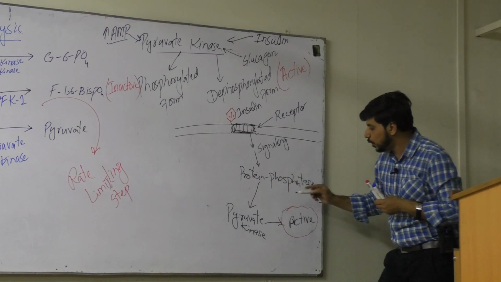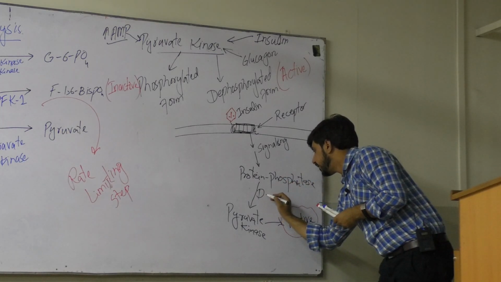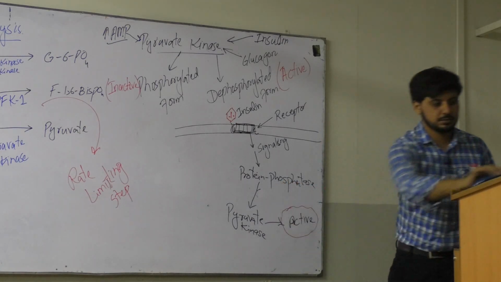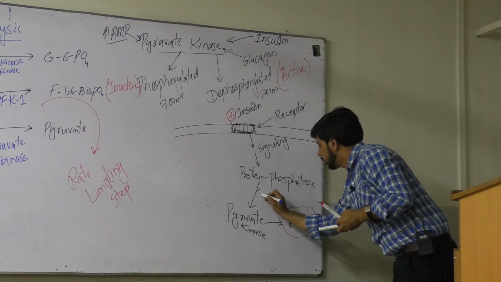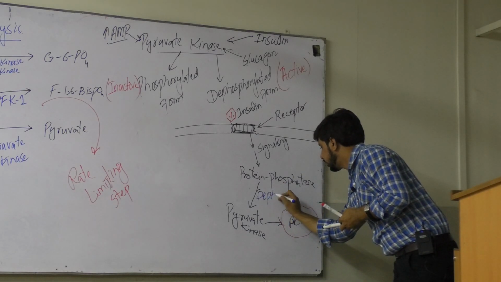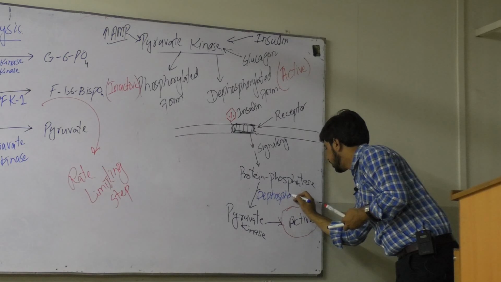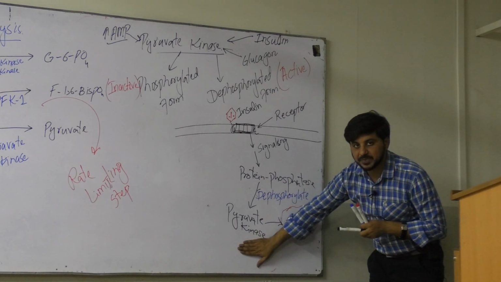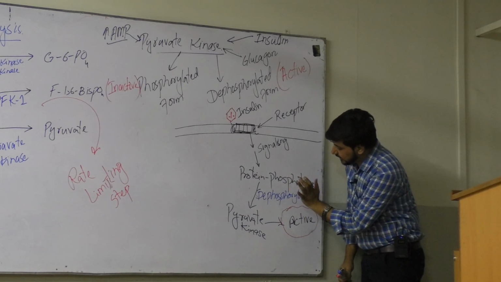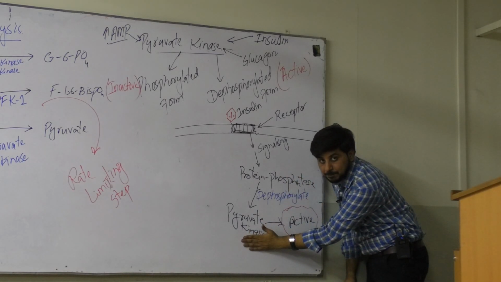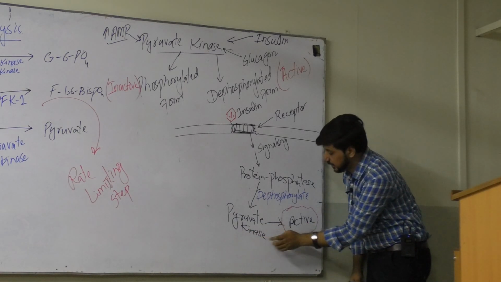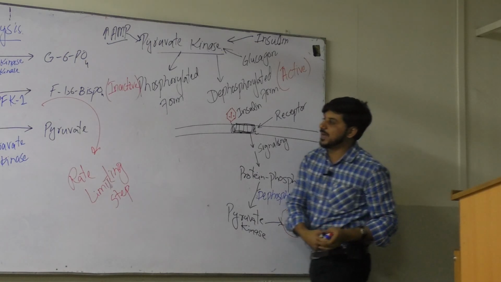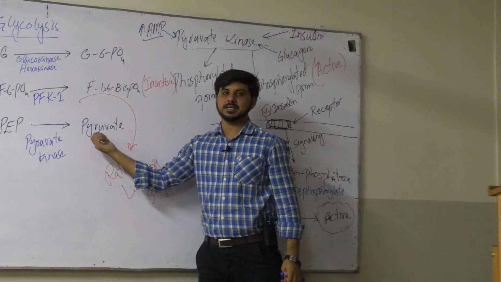What it will do is simply dephosphorylate this enzyme. As a result of this dephosphorylation, this enzyme will become active. And when this enzyme becomes active, there will be the formation of pyruvate molecule.